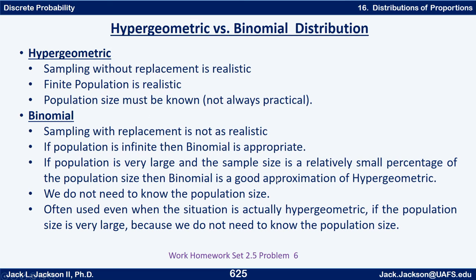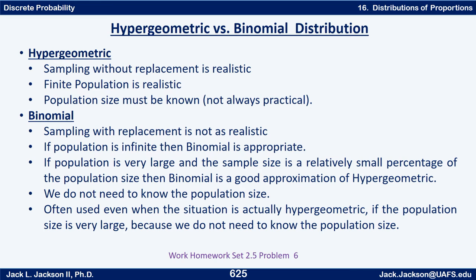Okay, so what's practical in some cases is this. The binomial, the sampling with replacement, is not really as realistic. But if the population is infinitely big, the binomial, of course, is appropriate, or if it's done with replacement. So if the population size is very large and the sample size is a relatively small percentage of the population size, then the binomial is a good approximation of the hypergeometric distribution.